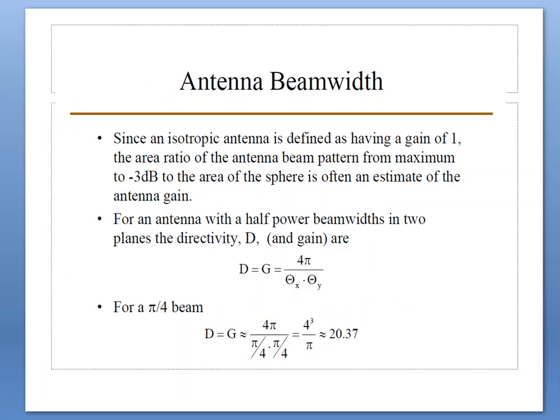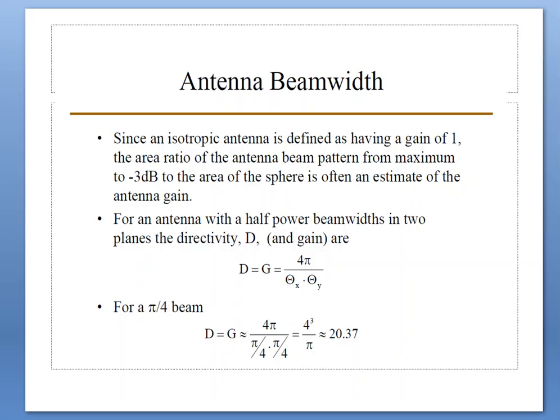And we know that the antenna beamwidth, since it is an isotropic antenna, is defined with a gain of 1. The ratio of the area of the antenna beam pattern, from the maximum to minus 3 dB, to the area of the sphere is often an estimate of the antenna gain.